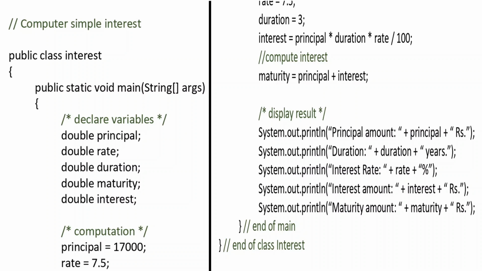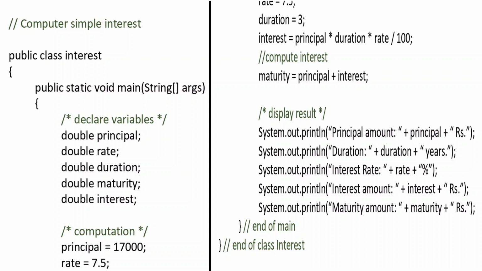Then after plus sign, principal, it will print the value of the variable principal. So whatever is the value of principal variable, that is 17,000, that will be printed. And then again rs full stop, that is rupees and full stop. So that will be printed as it is. So finally it will print principal amount 17,000 rupees.